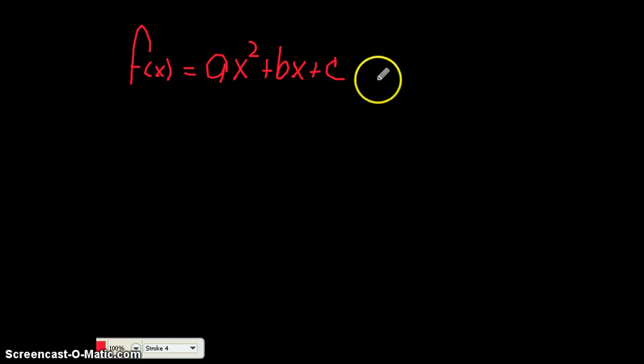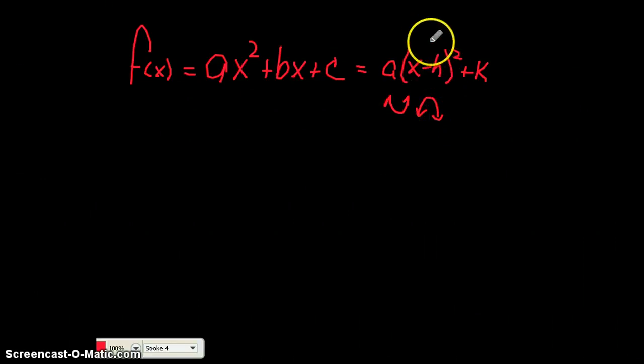I need to go back to the idea of a quadratic function. Remember, this was f of x is equal to this. Now remember, there's another form: a times x minus h, squared, plus k. If a is positive, it opens up. If a is negative, it's turned upside down.